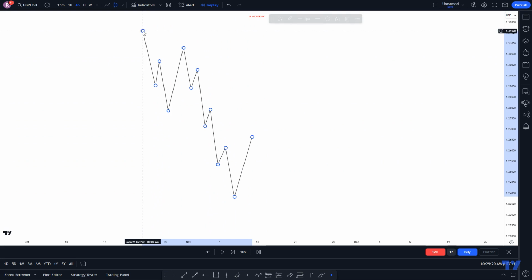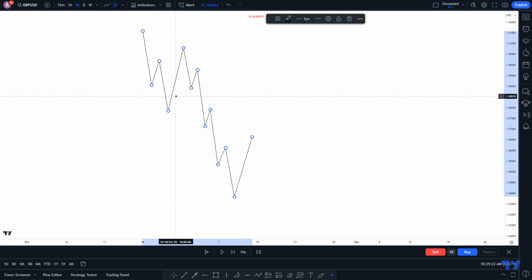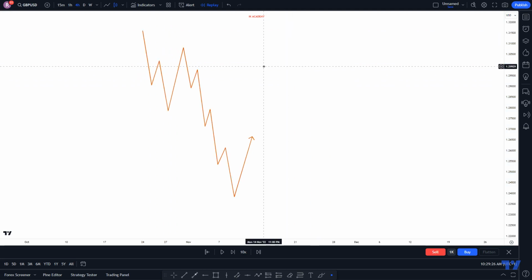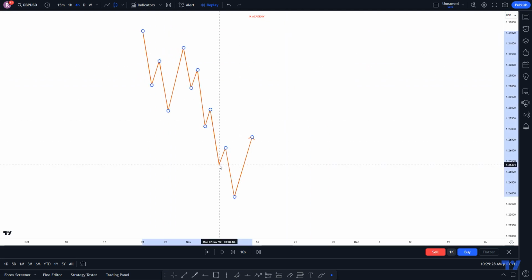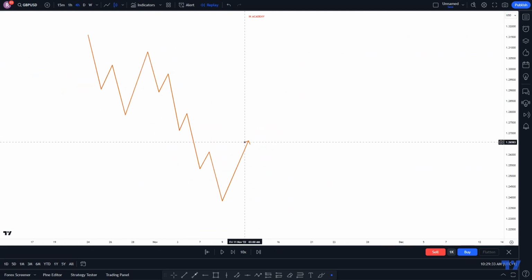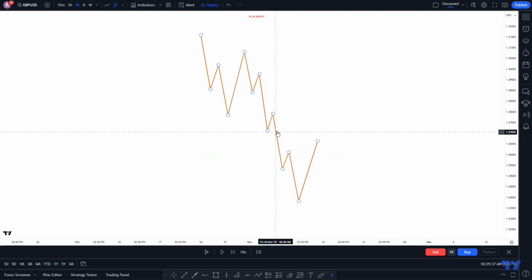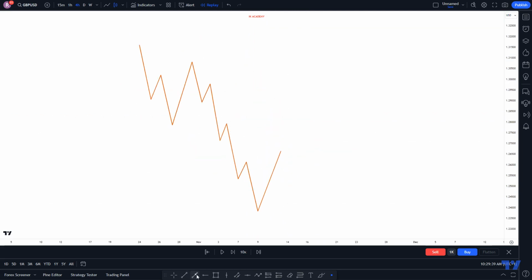Now, if you have watched the other videos, you understand this particular structure. Let me change this. You can clearly see from this scenario that we have price starting from this point here, and then we have this inducement taken here, and price broke structure to the downside.